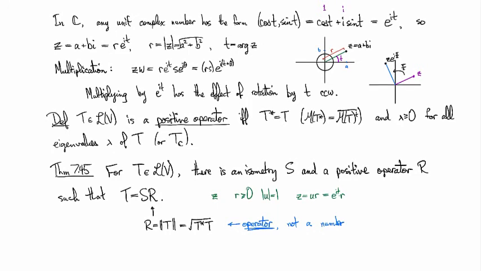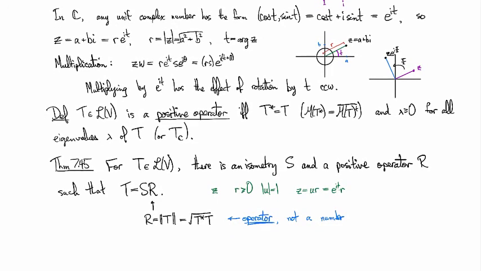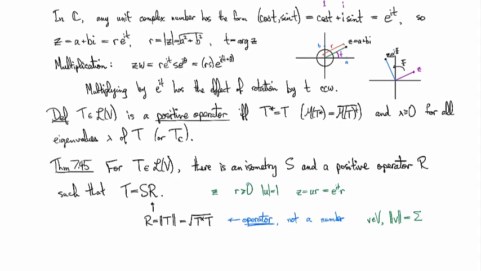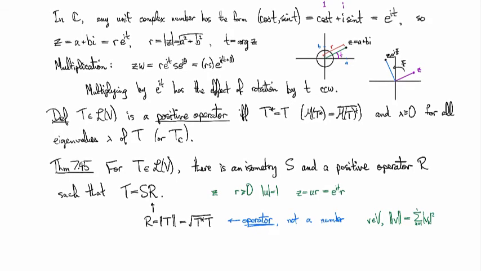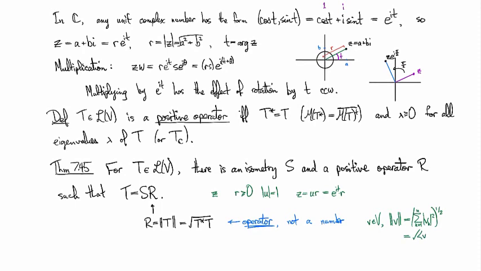Okay, so this, like I said, comes by analogy with the idea that for an element of a vector space, if you have the magnitude of v given by the sum of the squares of the v_k's, then this is the same thing as the square root of the inner product of v with itself.